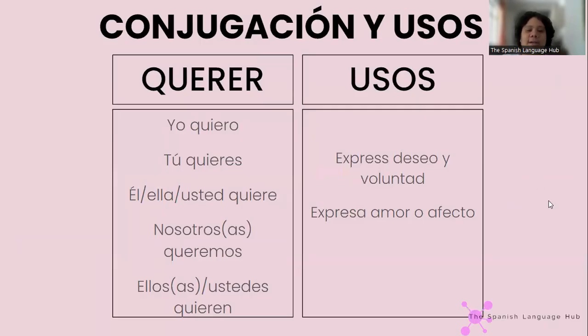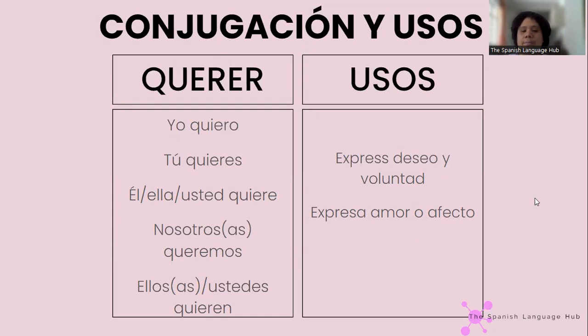Querer. All right. Querer, which is usually translated as to want, also translated as to love. Yo quiero, tú quieres, él, ella, usted quiere, nosotros, nosotras queremos, ellos, ellas, ustedes quieren. Express desire or the willingness to do something, and also expresa amor o afecto, and also express love and affection.